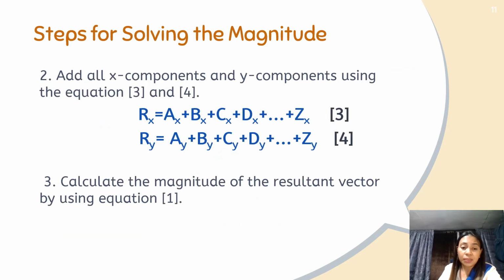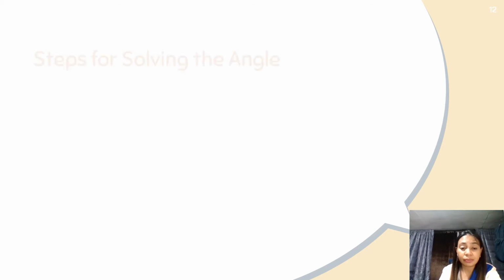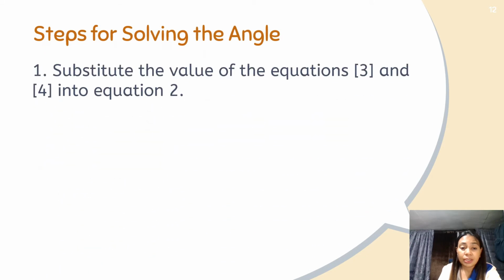So the steps again, after you add all x components and y components using equation 3 and 4, you're going to calculate the magnitude of the resultant vector by using this equation. So again, if we have 2 vectors, then we only end up until B. If we have 3 vectors, then you will have your Cx, Cy. Then substitute the value of the equations 3 and 4 into equation 2.